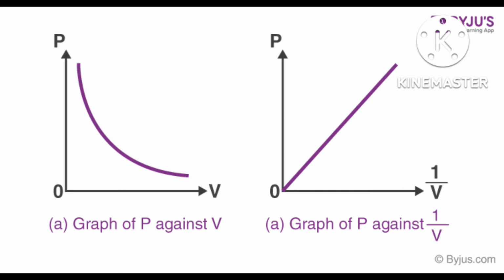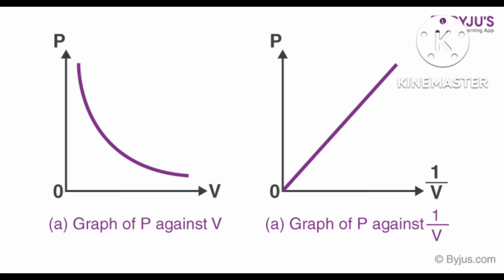But if change is going on, pressure is changing from P1 to P2 and volume is changing from V1 to V2, then following Boyle's law you can write P1 V1 is equal to P2 V2, which is equal to a constant, because PV is equal to K, a constant.